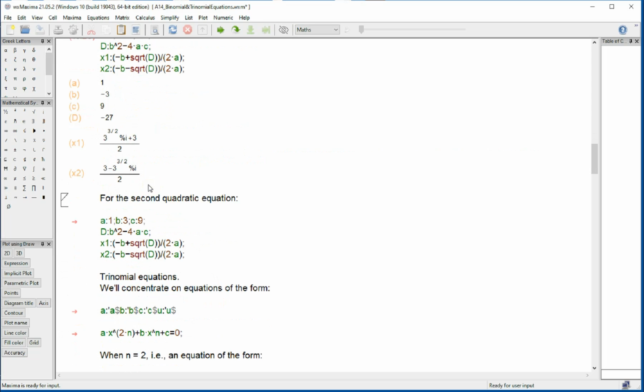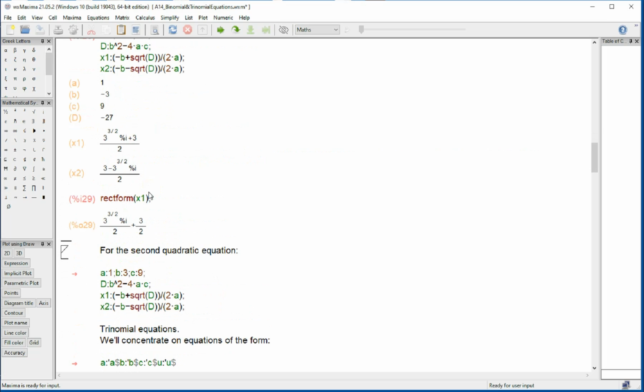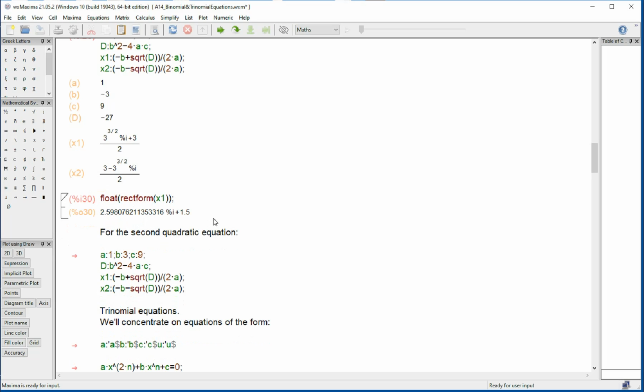If you want to see, for example, for x1 and x2, you can try the rectangular form of x1. I think it's just going to repeat the same value. The only thing that it does is separate them. And then if you do the float of the rectangular form, it will show that number as a decimal.